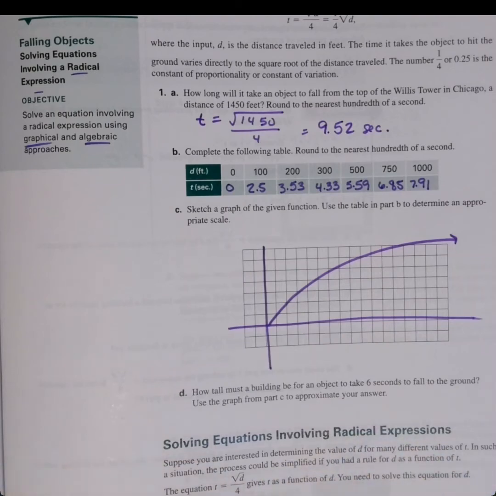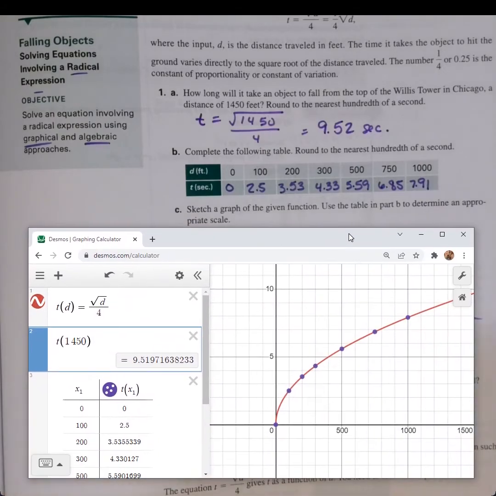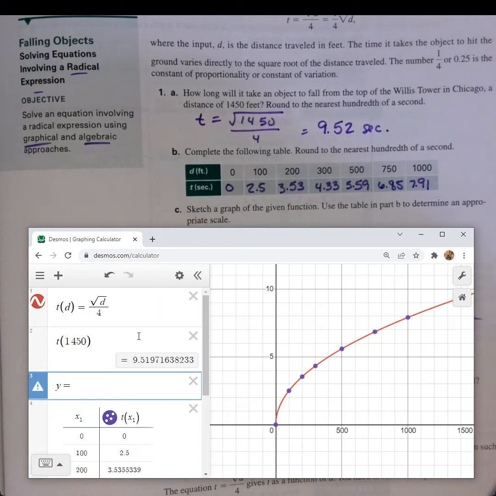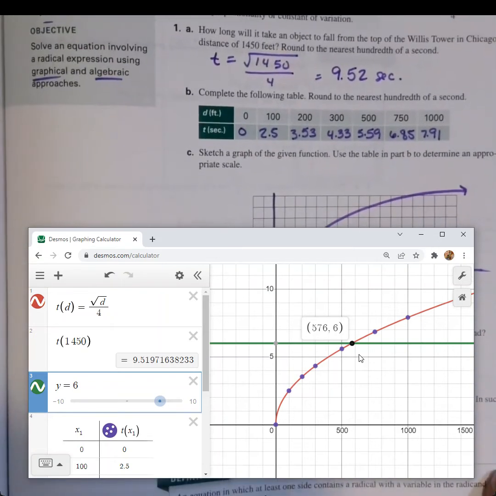All right. How tall must the building be for the object to take 6 seconds to fall to the ground? Use my graph to answer. If I'm going to use my graph to answer, then I need my output time to be 6 seconds, so we'll do y equals 6 here. And it would need to be 576 feet tall.